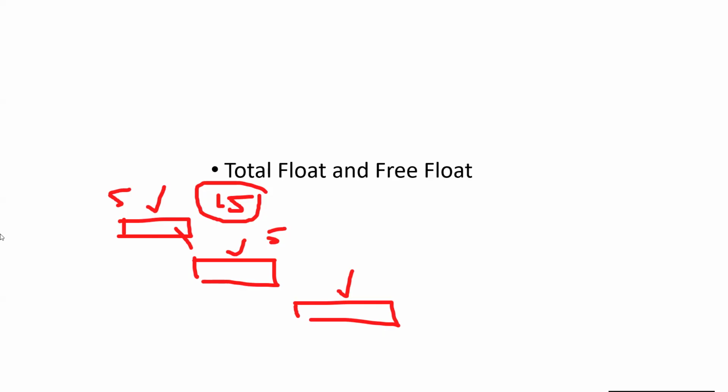Whereas free float is something else. This is the single property of that single activity. The amount of time an activity can be delayed, I will give you an example. There are two predecessors like this one. This predecessor will end on 10th of October, and this predecessor will end on 20th of October.